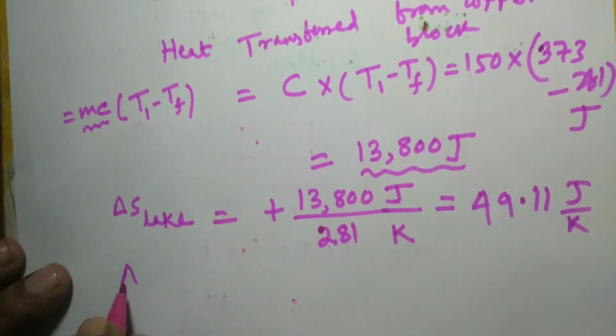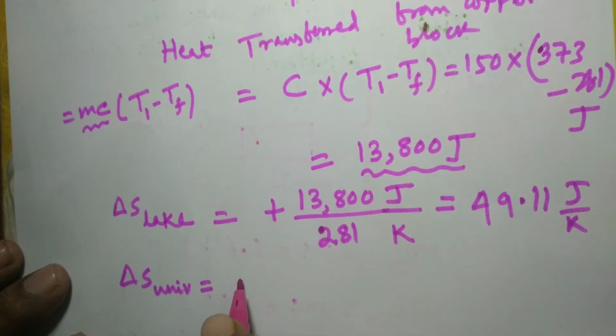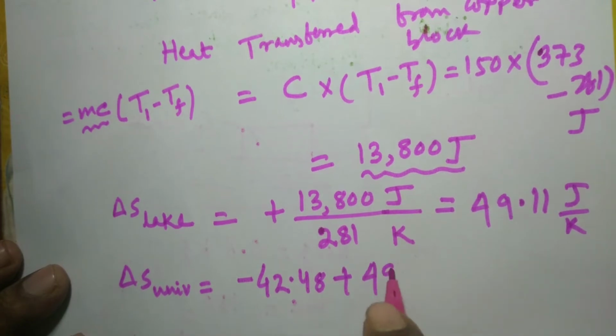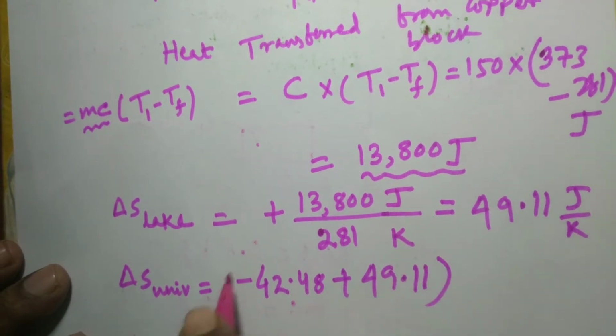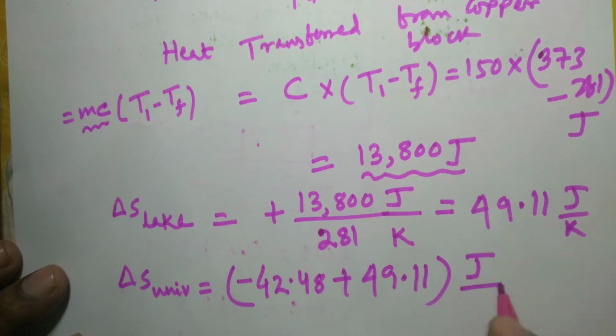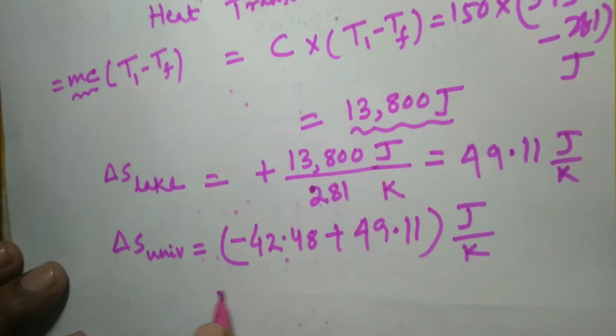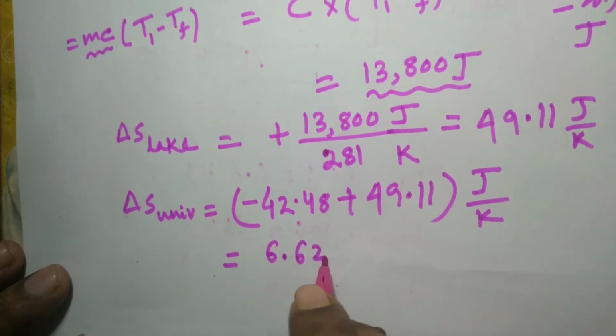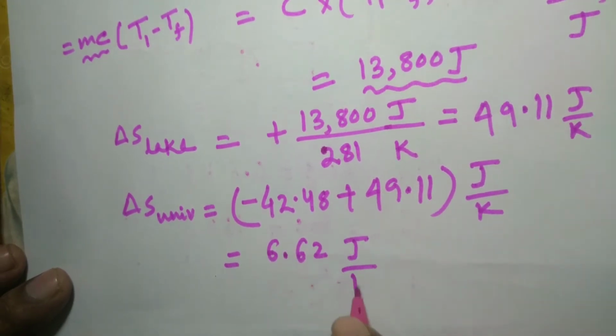So delta S of the universe in this case will be minus 42.48 plus 49.11 joule per Kelvin, which is equal to 6.62 joule per Kelvin.